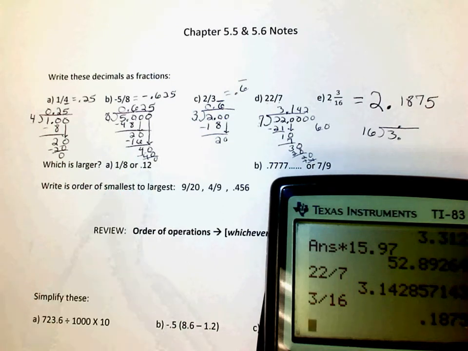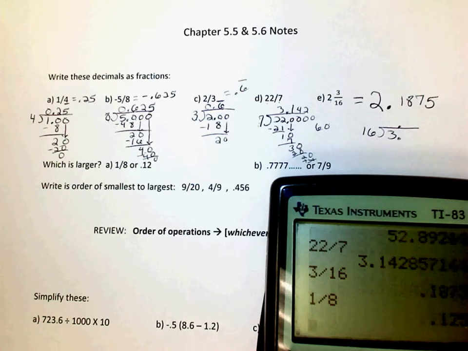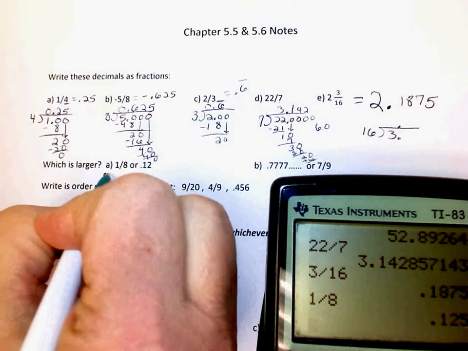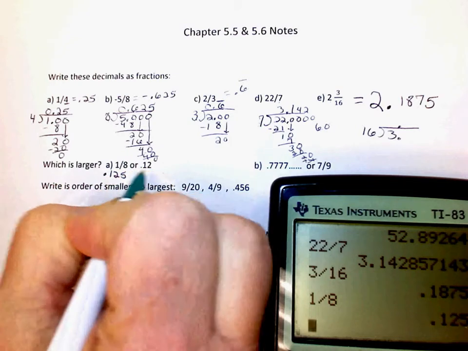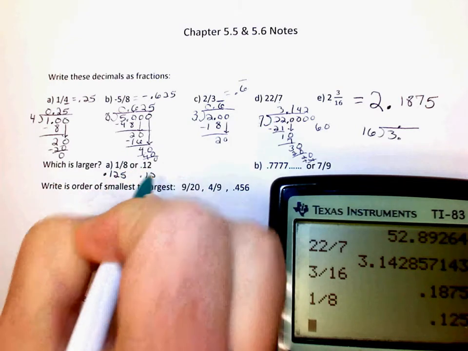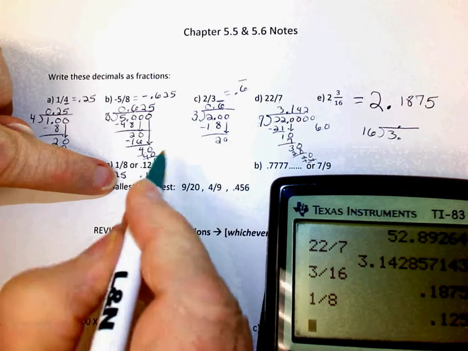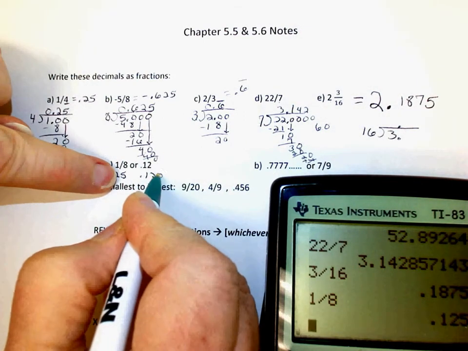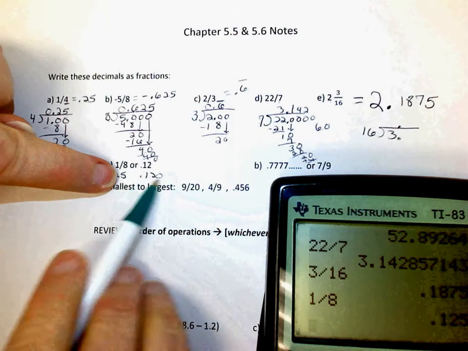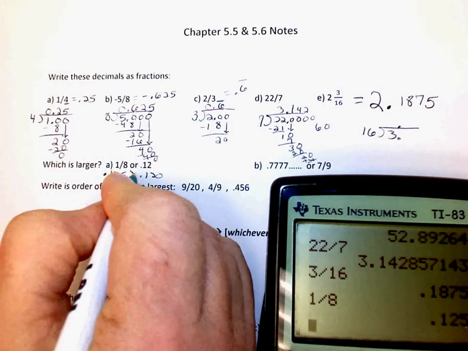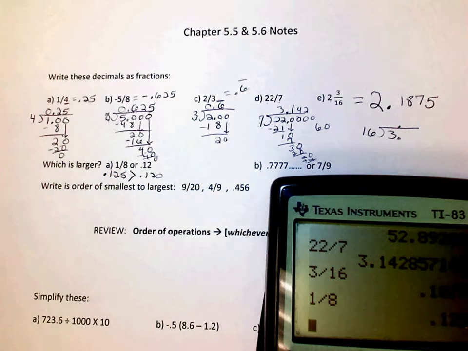So we take 1 divided by 8 in our calculator, and that gives us 0.125. So when I compare, the 1s are the same, the 2s are the same. Technically, this is a 0 here, so 5 is bigger than 0. So 1/8 is bigger than 0.12.